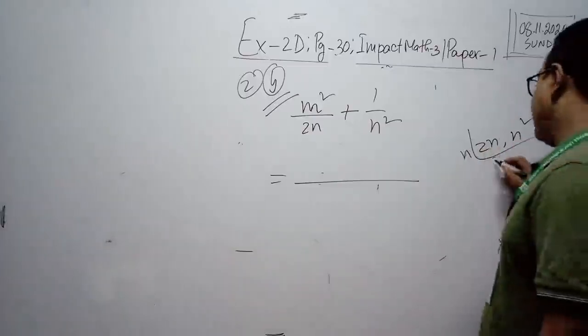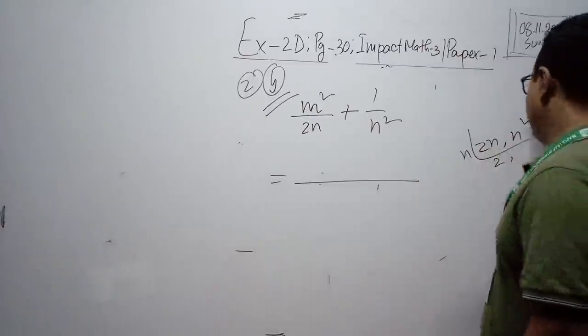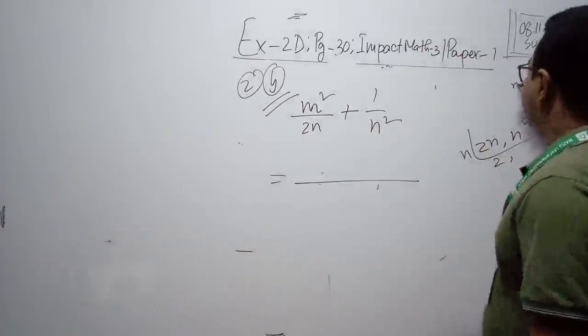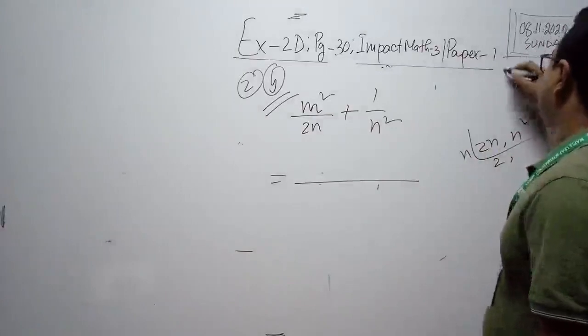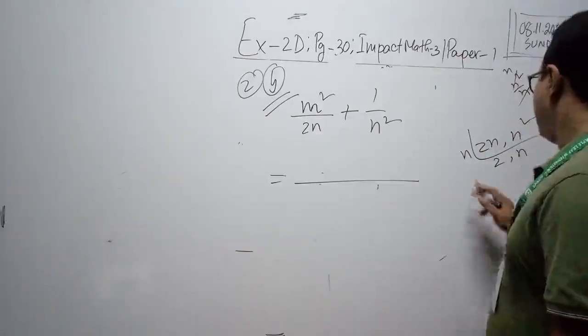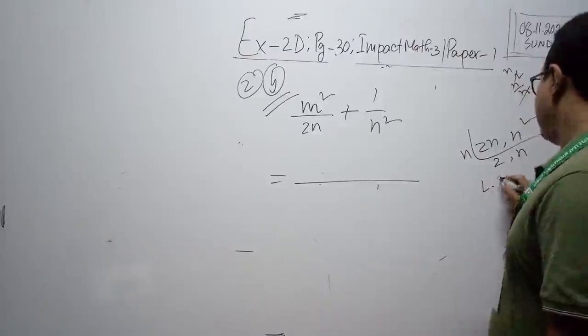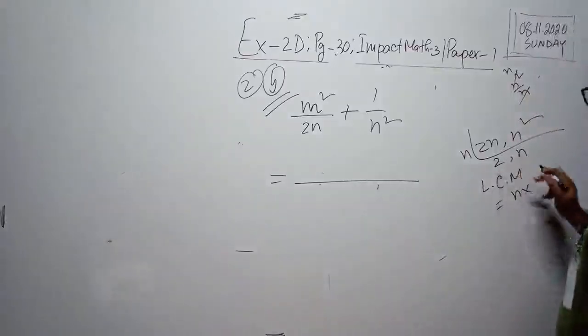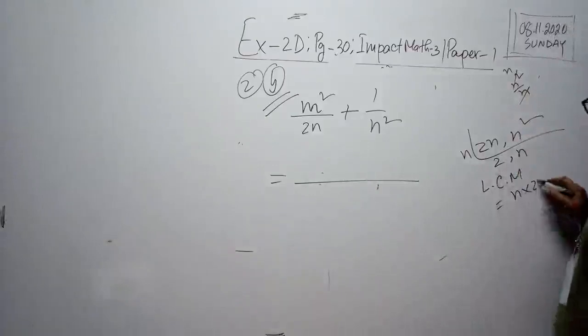Then twice n divided by n is 2. n square divided by n is n. That means the LCM will be n into 2 and n. Everything is uncommon. Now multiply them: 2n square.